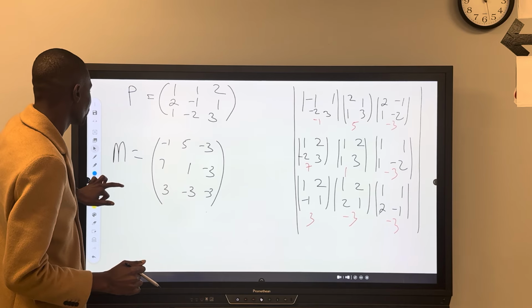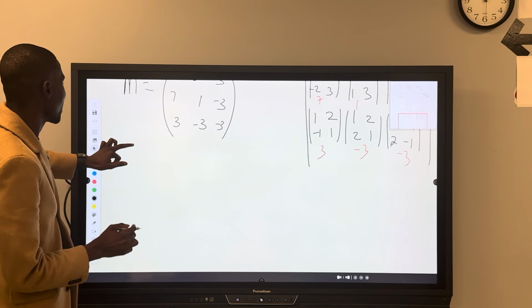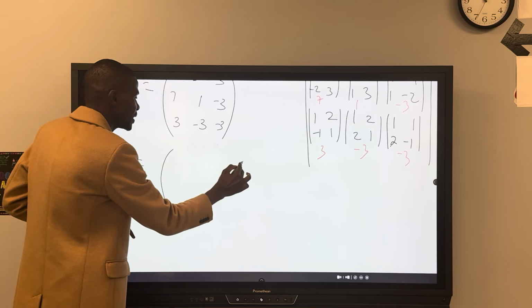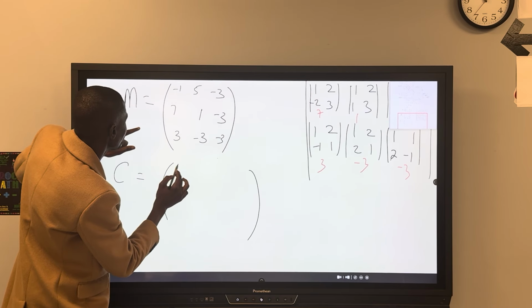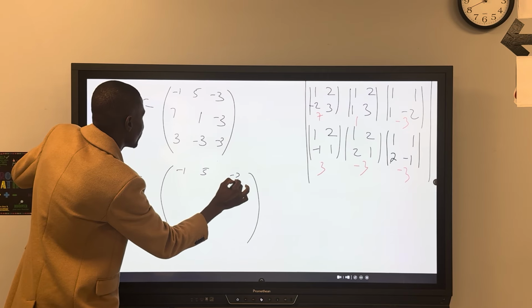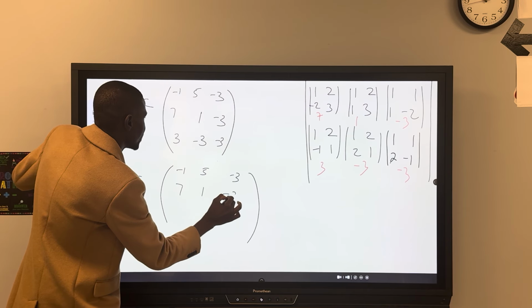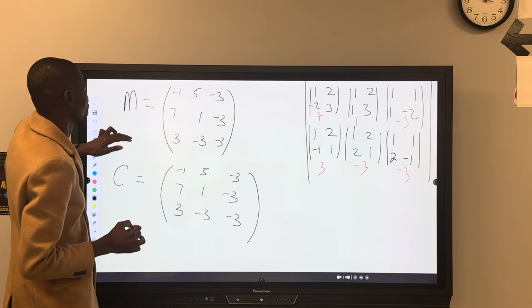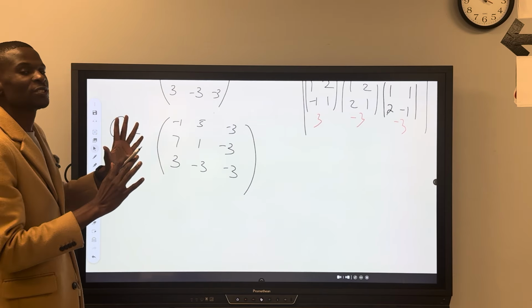Then from there, we have to find the matrix of cofactors. So to get the matrix of cofactors, first write the matrix of minors here. So we have -1, 5, -3, 7, 1, -3, 3, -3, -3. Right. But we need to generate a pattern.